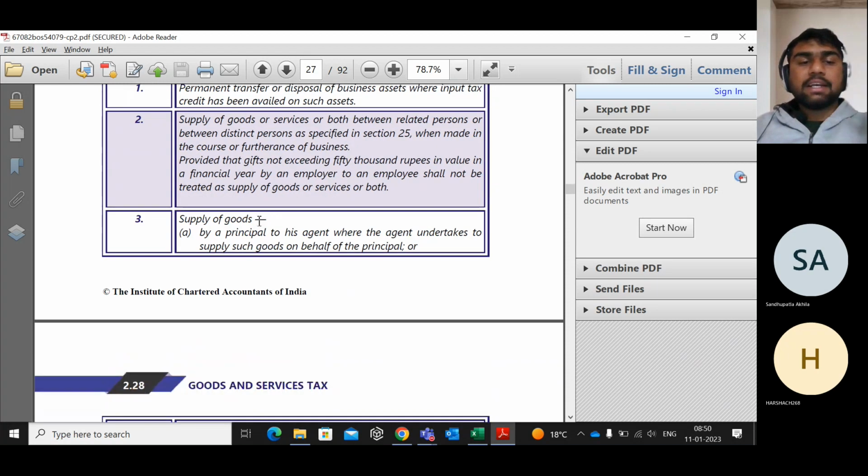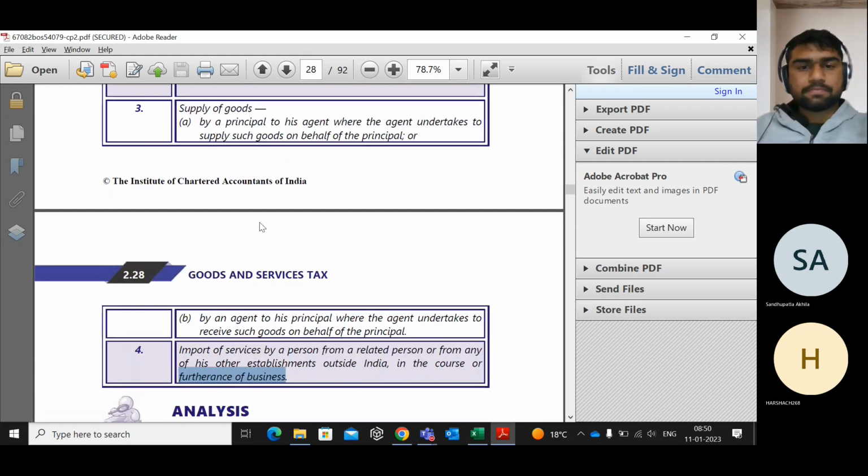You see here, in the meaning of supply, there is import of services for a consideration. In the supply definition, import of services for a consideration, whether or not in the course or furtherance of business.